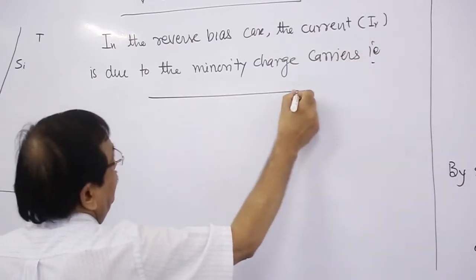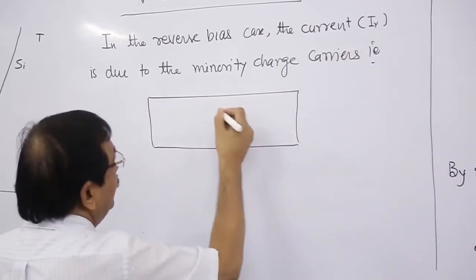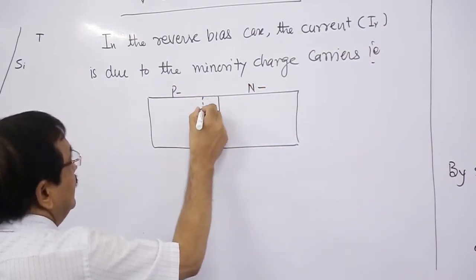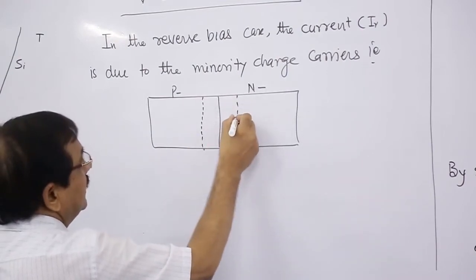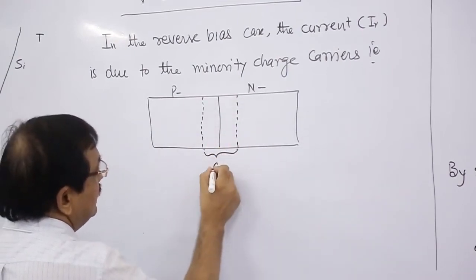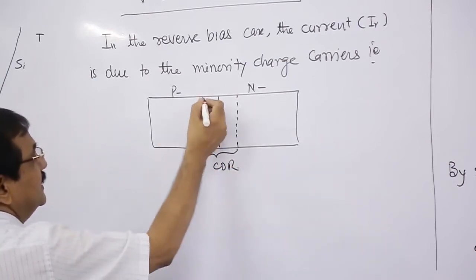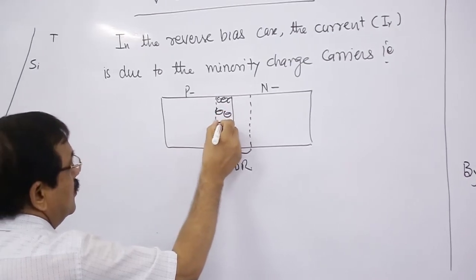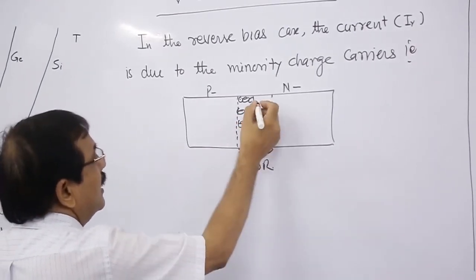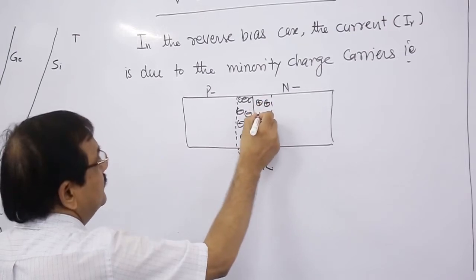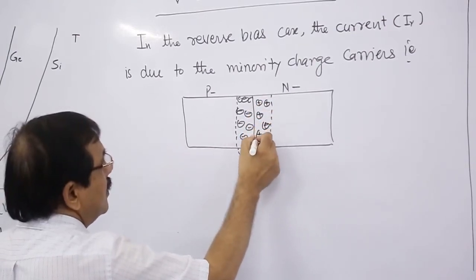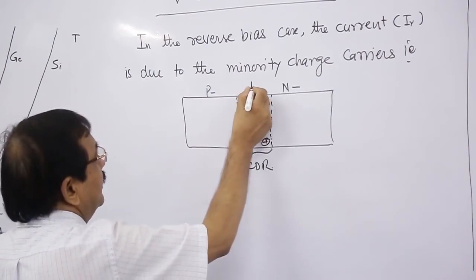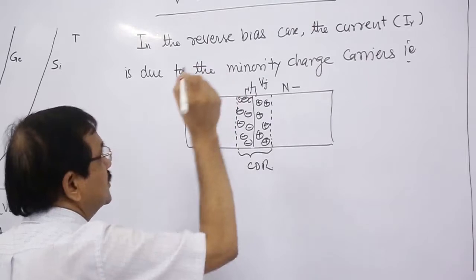In block diagram, we can say this is P, this is N, and here it is the CDR region. This is your CDR, and this part is fixed negative, and here it is fixed positive charge, and this will form a junction potential Vj.